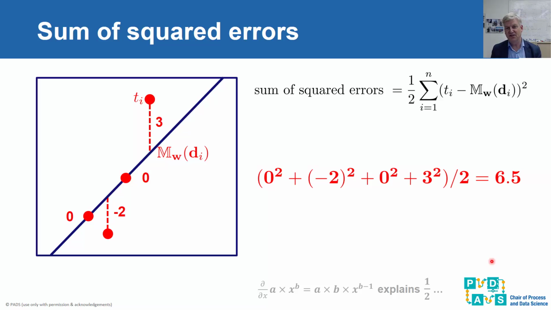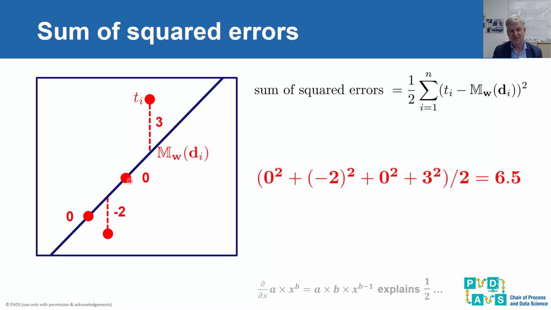So if we take the sum of squared errors and we fill in the values, then this is what we get. If we look at the first point, the value that we predict is exactly the value that it is in reality. So the error is 0 and we square it. Here the predicted value is higher than the real value. So if we take the real value minus the predicted value, because it is higher, we get a negative number, that is minus 2.